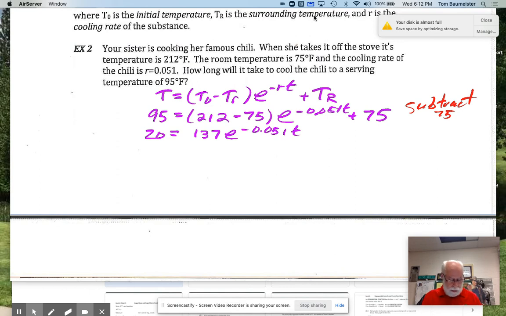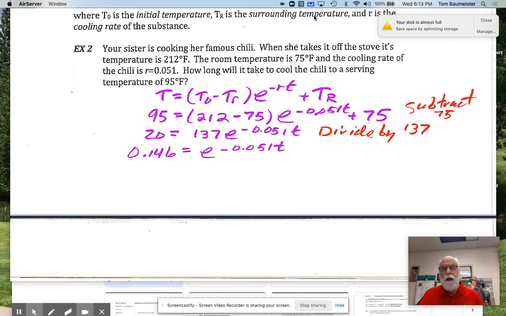So now, again, we're going to do what we did up there. Next I'm going to divide by 137. When I do that, I'll get 0.146 is equal to e raised to the negative 0.051 t.